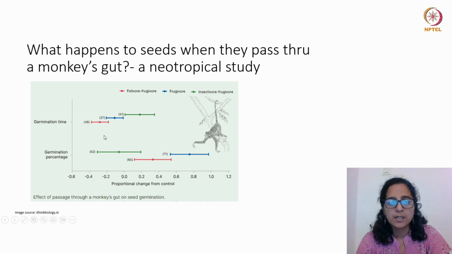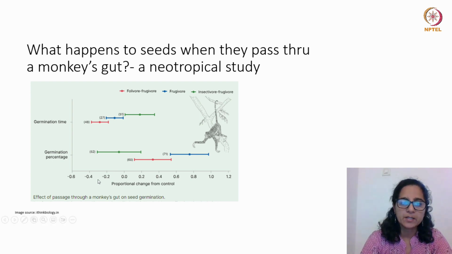So let's look at germination time. In this study, it's slightly less than 0, right? So when compared to control, the seeds dispersed by frugivore monkeys take slightly longer to germinate than control. You should look at this and see where it lies on the x-axis.